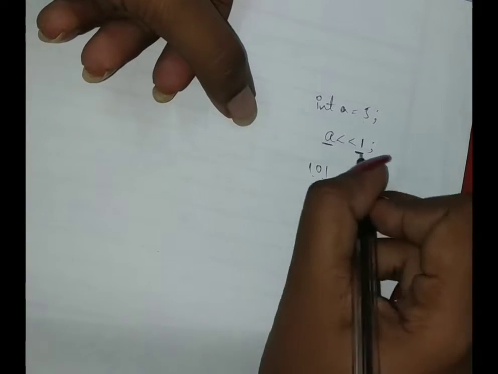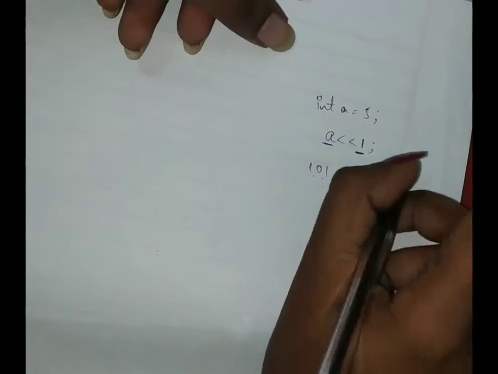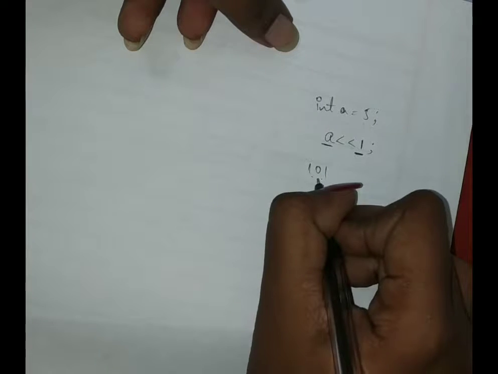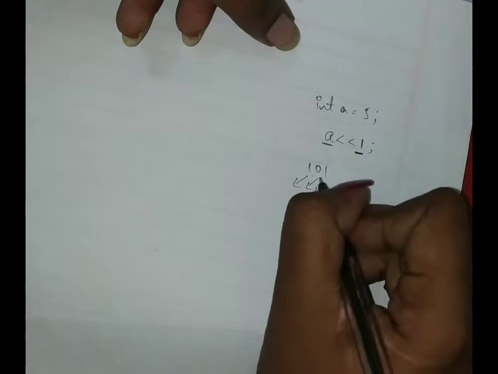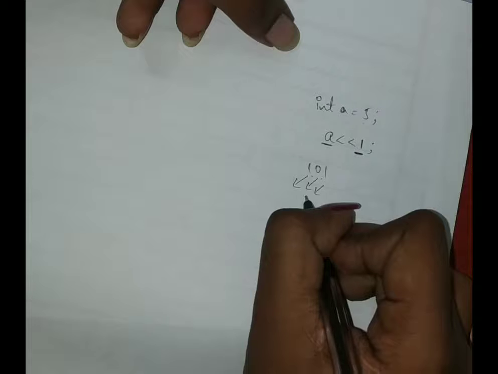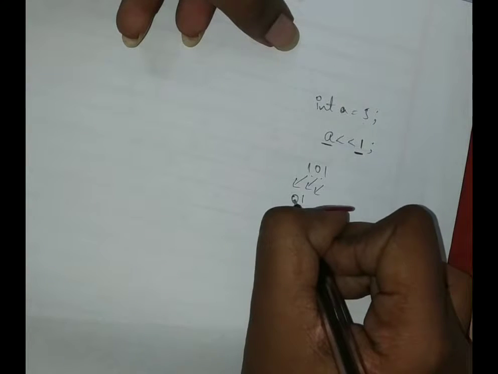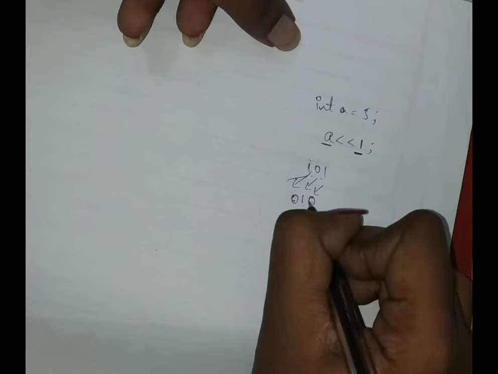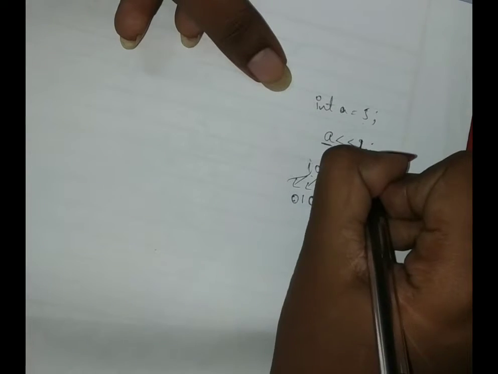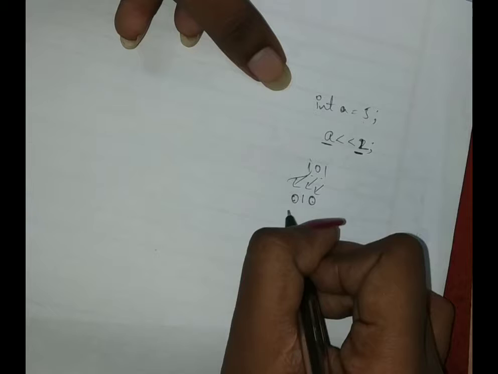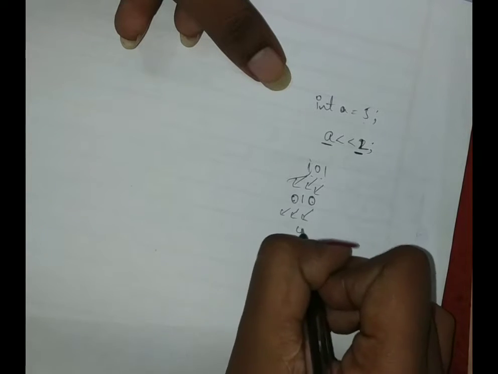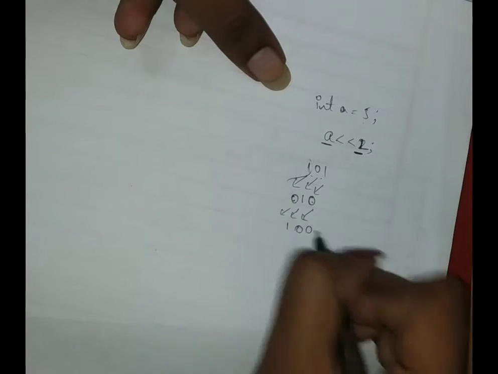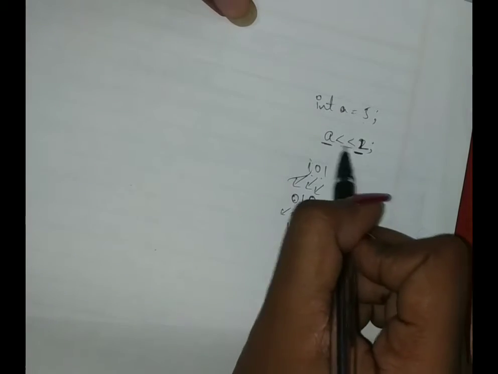That means once, not 1 place, but once. Like this shifts to the left, so this comes here, it means 1, 0 comes here, and this falls off, and the empty place here is substituted with 0. If there is 2 here, then this is shifted again, which is 0, 1 and 0. So that is the meaning of left shift.